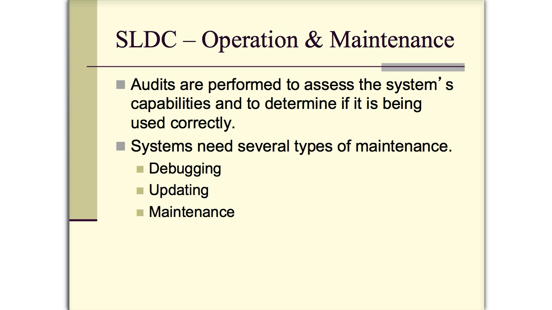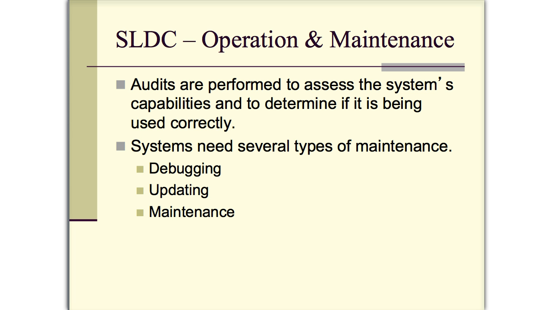Once the system has been built, implemented, and tested, you have operation and maintenance, which comes after. You might have audits that assess the system's capabilities, make sure that employees are using the system correctly, and in general, there's certain maintenance that needs to be done.